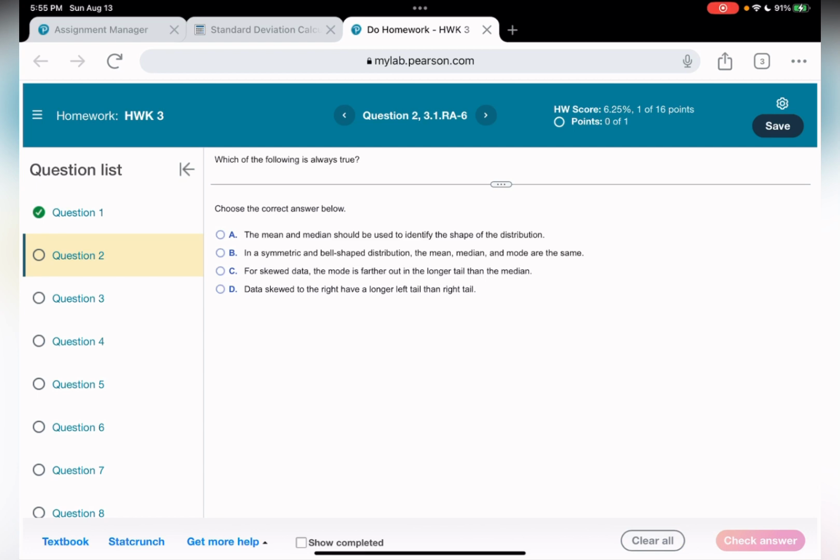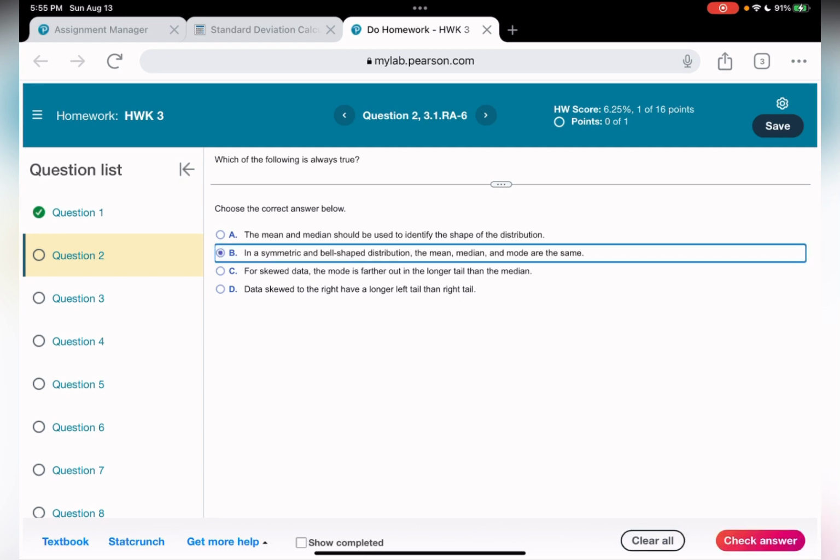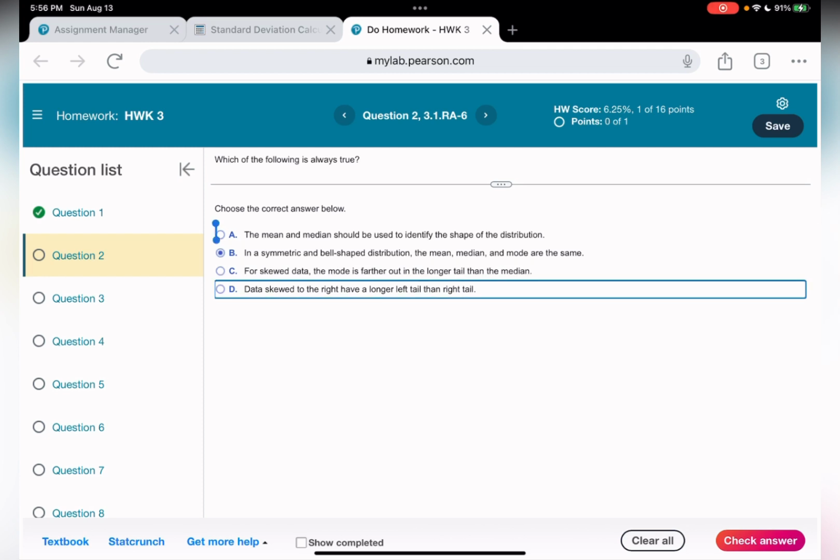So option B, in a symmetric and bell-shaped distribution, the mean, median, and mode are the same. Now, this is 100% true. I would say this is going to be the answer, but let me read the rest. For skewed data, the mode is further out in the longer tail. That's baloney. That's not the case, because the mode doesn't necessarily have to be in the tail. And data skewed to the right have a longer left tail than the right tail?